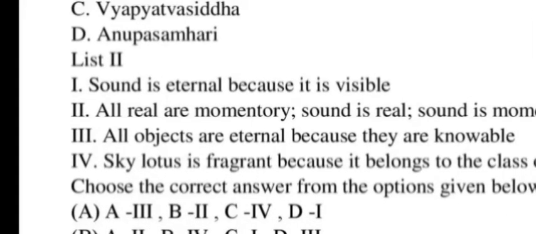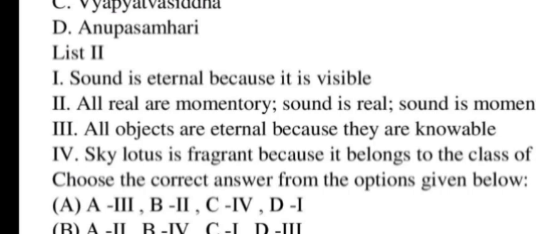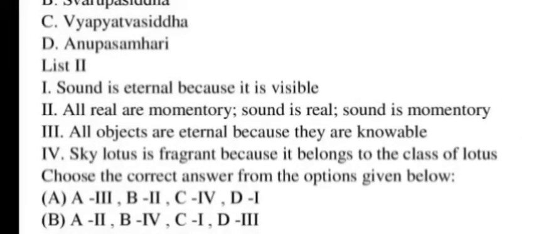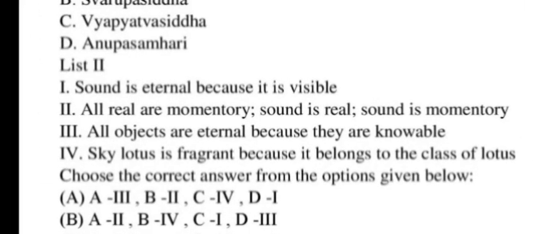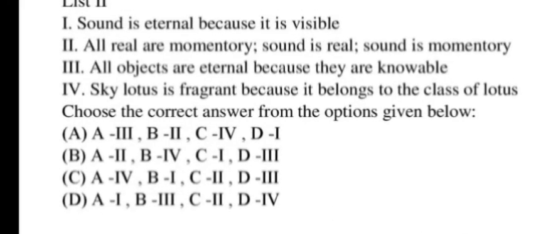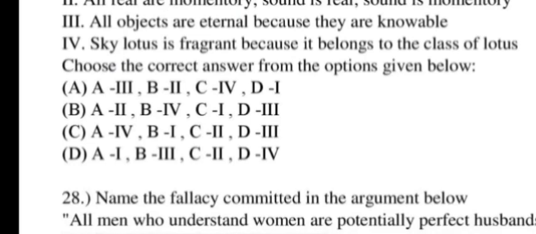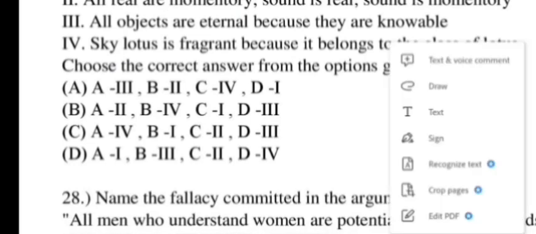In list 2 we have 1, 2, 3, 4. 1: Sound is eternal because it is visible. 2 says all real are momentary. Sound is real, sound is momentary. 3 says all objects are eternal because they are knowable. 4 says sky lotus is fragrant because it belongs to the class of lotus. Now choose the correct options: A3 B1 C4 D1, A2 B4 C1 D3, A4 B1 C2 D3, A1 B3 C2 D4. For 27, it will be A4 B1 C2 D3.